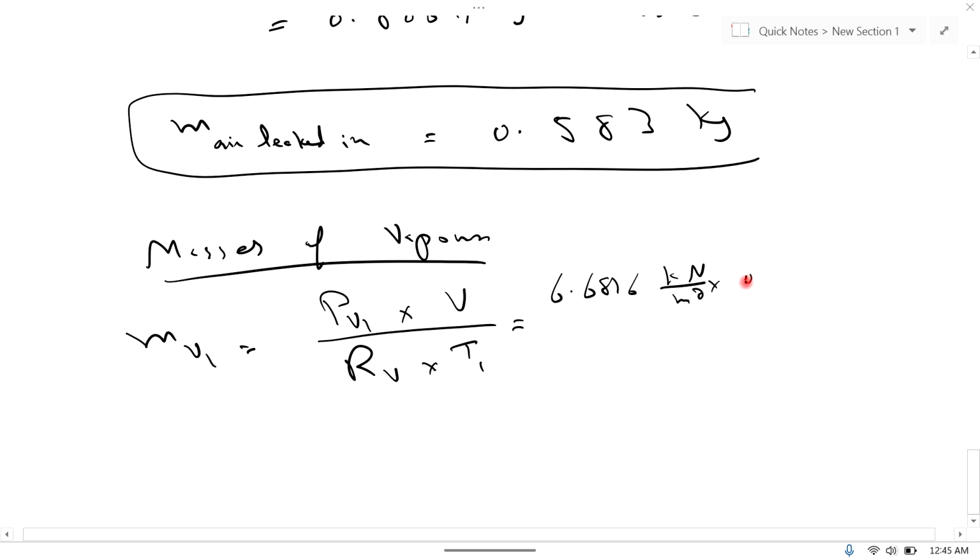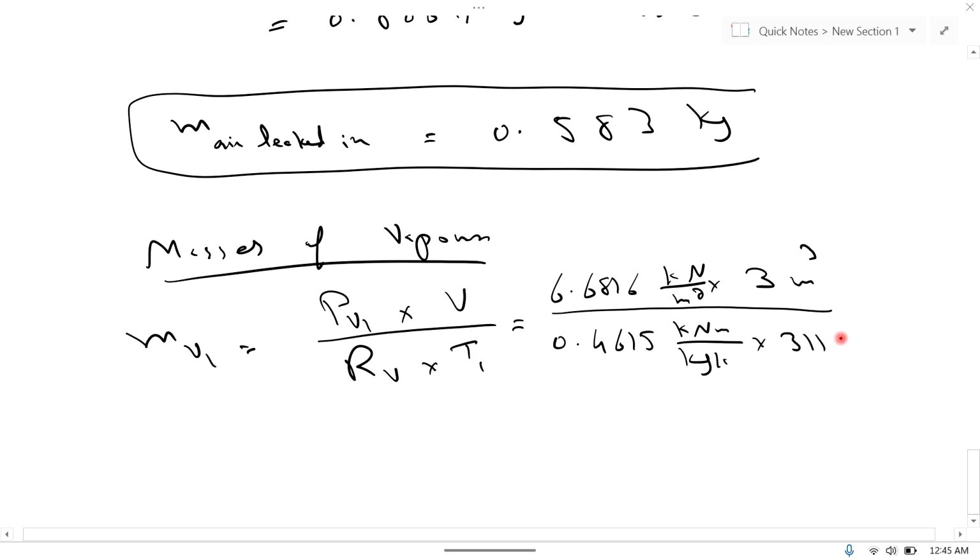V is 3 cubic meter, divided by R of vapor, 0.4615 kilojoule per kilogram per Kelvin. Joule is equal to Newton meter. Multiply by T1, which is 311 Kelvin.